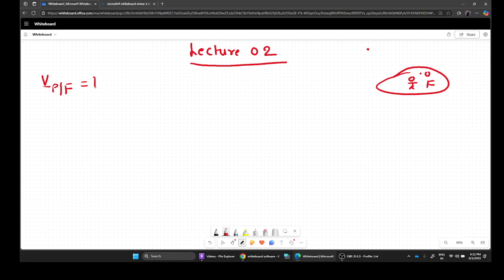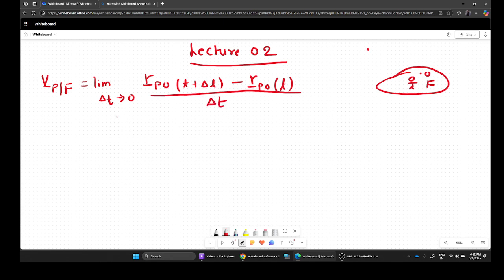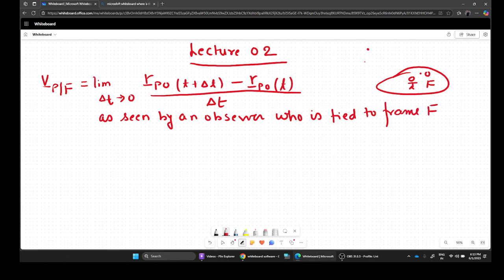This quantity was defined as the limiting value of the quantity that I have written here.